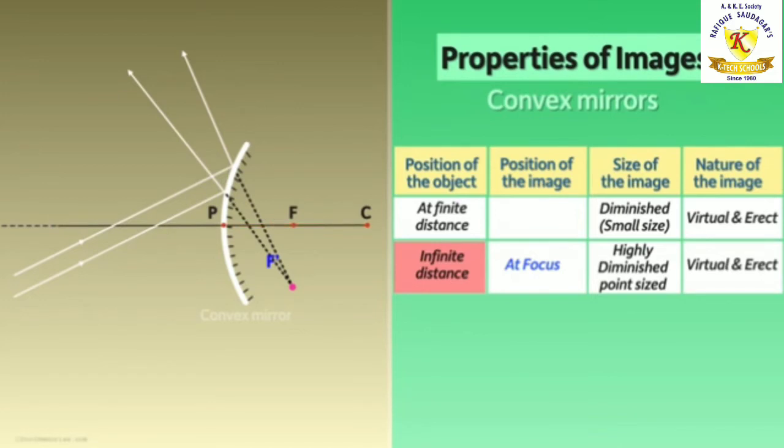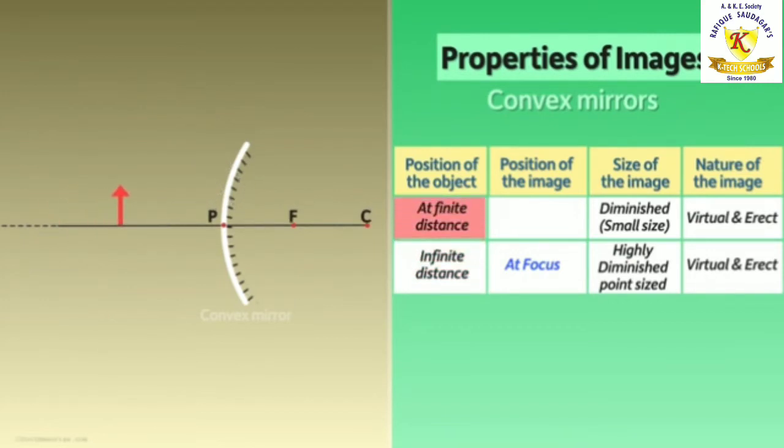What now? Now let the object be at a finite distance from the mirror and try to represent the image formed for this case using a ray diagram. So how do we proceed? We only need to take any two points on the object, which is represented by this arrow.